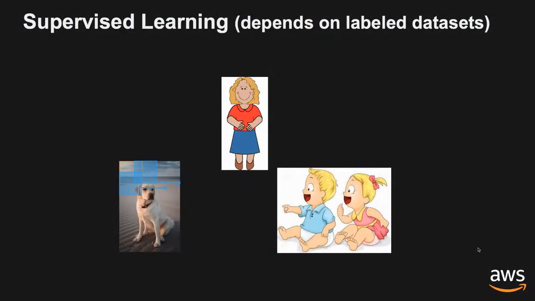Just to recap what supervised learning is. If you have attended many other sessions from me or from others in machine learning, you might have seen this a million times. But just to recap, in machine learning we have two different types of techniques. One is supervised, another is unsupervised.